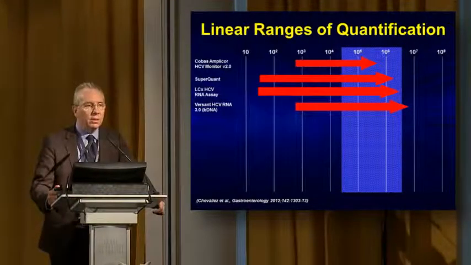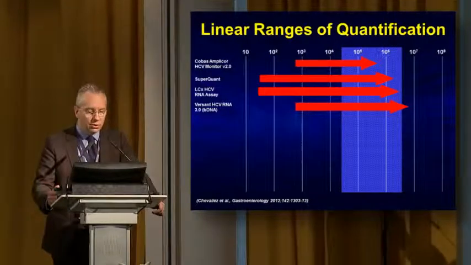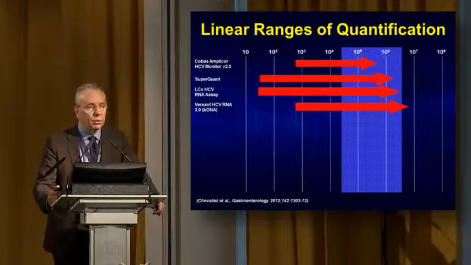These assays were not able to quantify high viral loads, which are found in many patients, especially this gray area you see here, which is where 95% of the patients had their viral load in the absence of any treatment. And the assays were not sensitive enough to detect very low levels of replication.